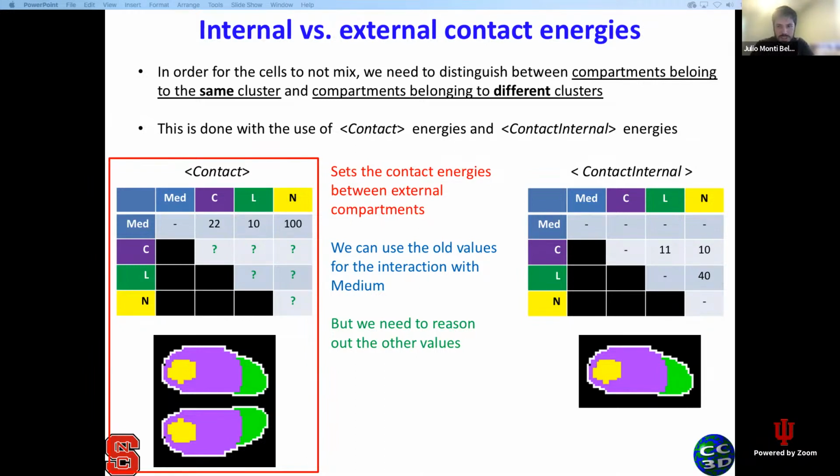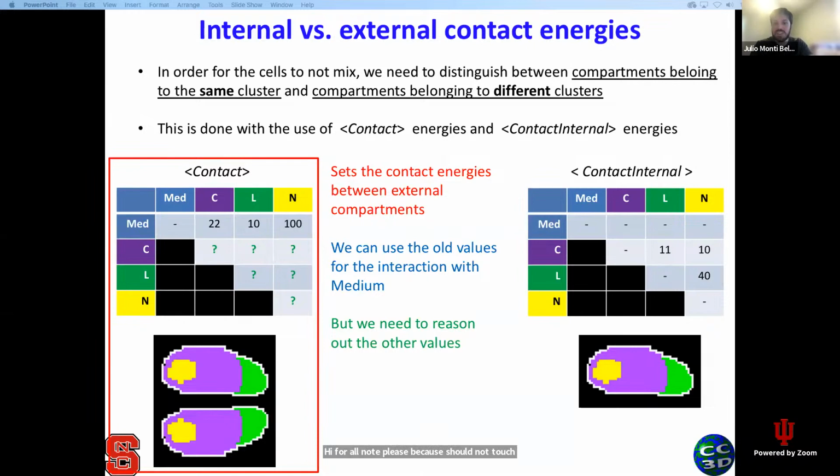The higher possible. Okay, the contents of the media have already been set here on the first row. High for all nucleus because it should not touch anything.